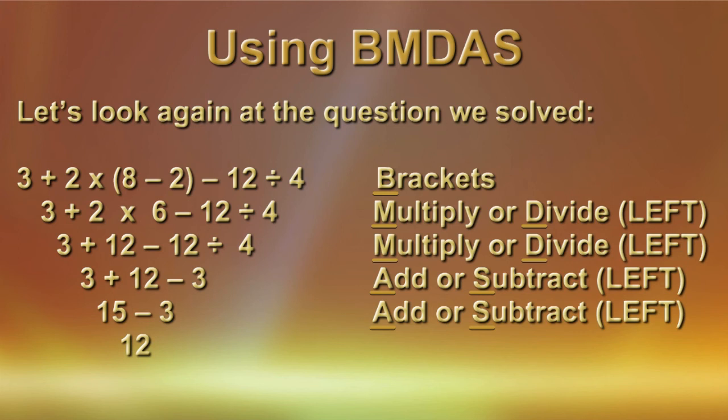So first you multiply, 2 times 6, and that's 12. And then divide 12 divided by 4, and that gives you 3. So you have 3 plus 12 minus 3. So all the multiplying and dividing is finished. So now you add or subtract, starting on the left. 3 plus 12 is 15. And then you're left with 15 minus 3 equals 12.